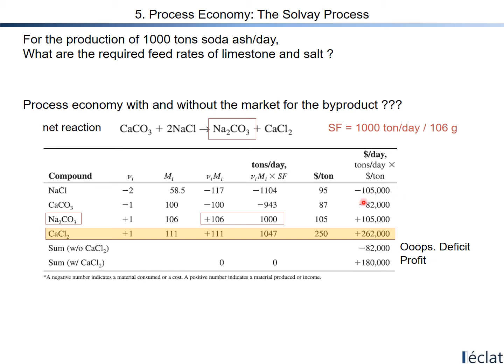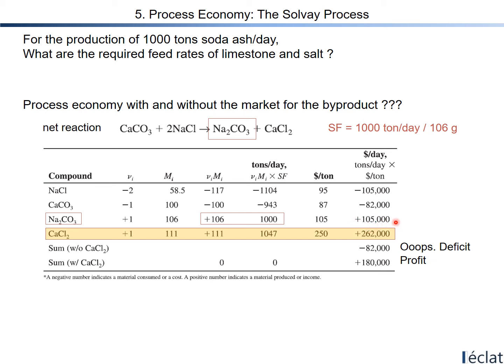So $105,000 per day is required. At the same time, $82,000 per day for calcium carbonate is required. But I will sell the sodium carbonate to the customers at this value, like 105,000.